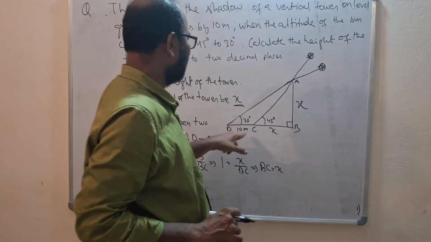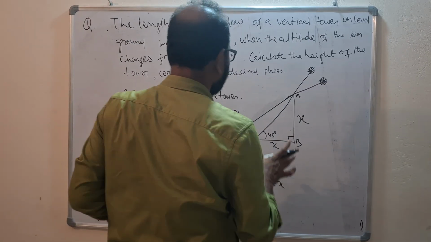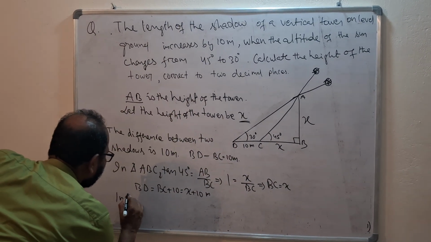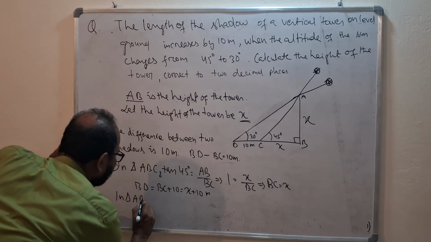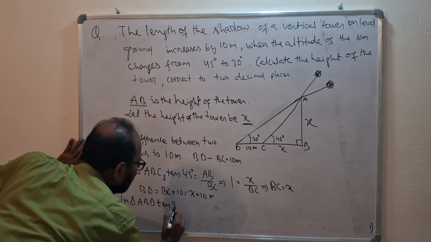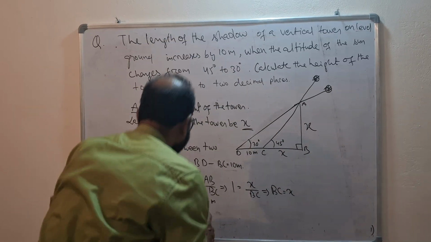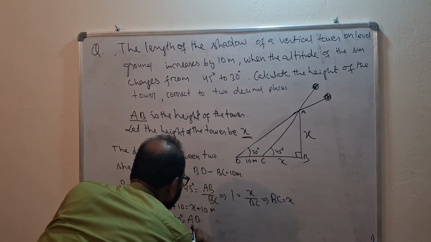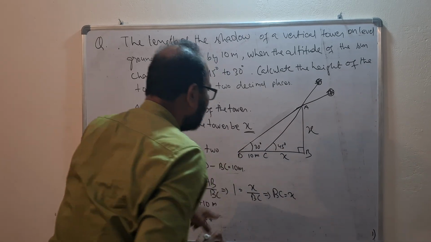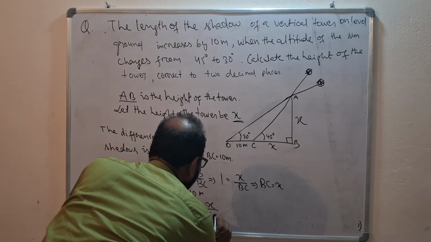Now in triangle ABD, tan 30 degree is equal to AB by BD, that is x by x plus 10.